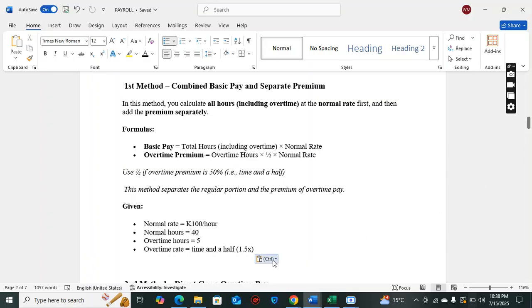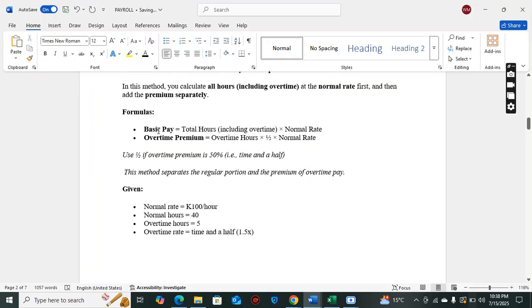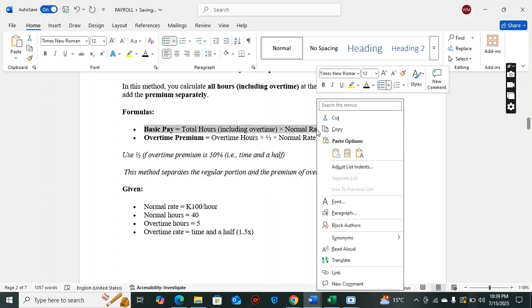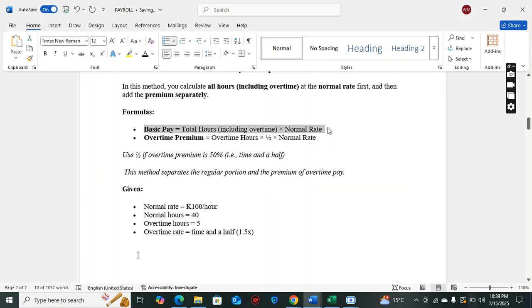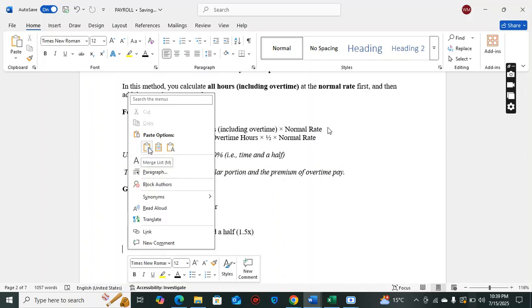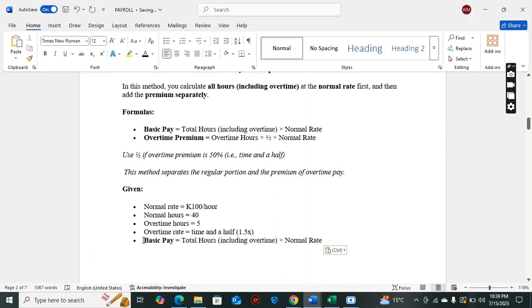In order to get the gross pay using this method, we first get the basic pay, which is the total hours worked. He worked a total of 45 hours, because these total hours also include the overtime hours.